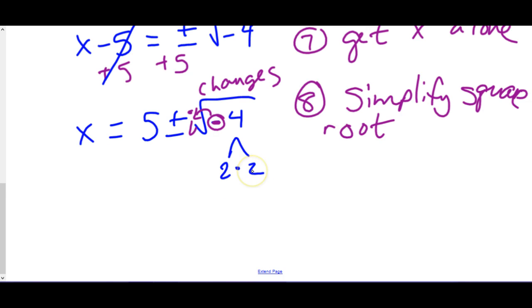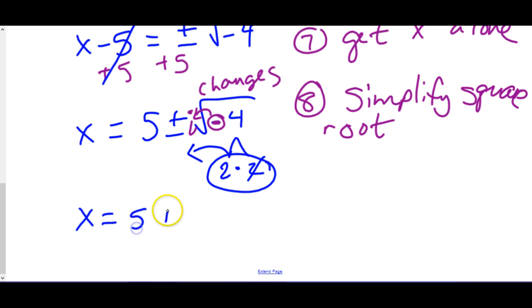So 2 times 2, that means when we have a group of 2 that are the same, one of them cancels out and one of them will move outside of the radical sign. So we have i outside the radical sign, we have 2 outside the radical sign.